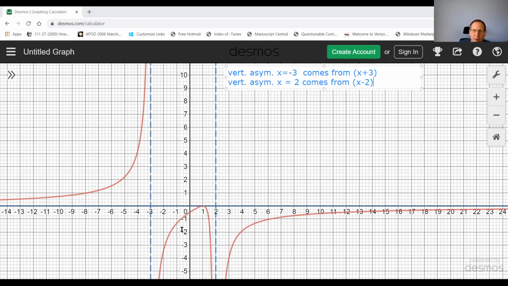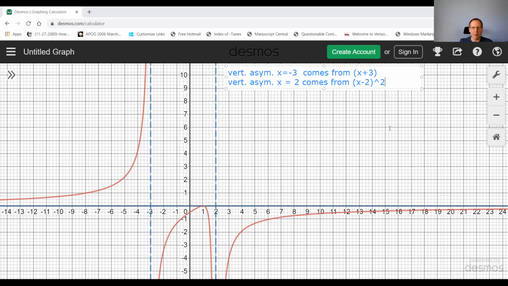Well, since both sides, as I approach 2 from the left and from the right, are going in the same direction, in this case both towards negative infinity, that means that factor in the denominator is squared. Remember, if they go in opposite directions as you approach the line, it's a 1. If they go in the same direction, it's a 2. Okay, good. So that's vertical asymptotes.